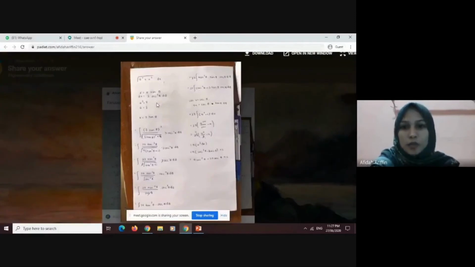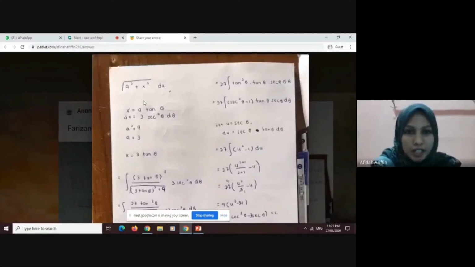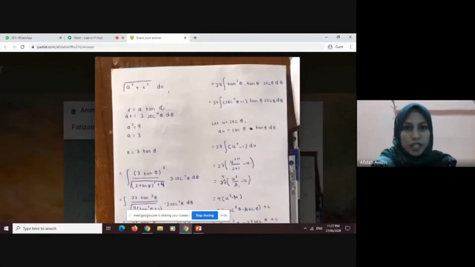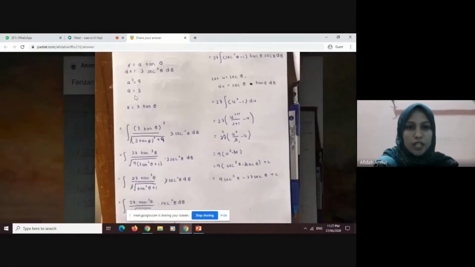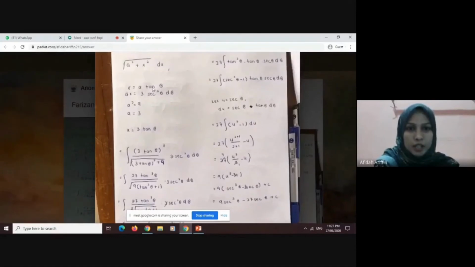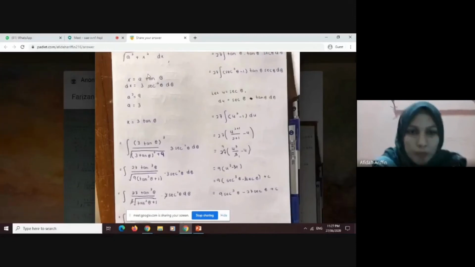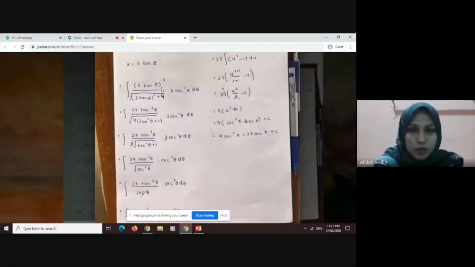Okay, from Nurul Ashikin. Firstly, she did identify and find the value of A. She used tan as written because this is the symbol of plus x squared plus x squared. Next, she substituted the value.